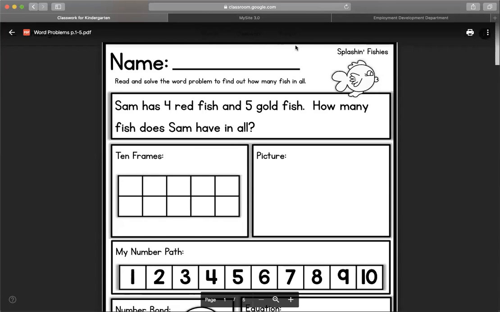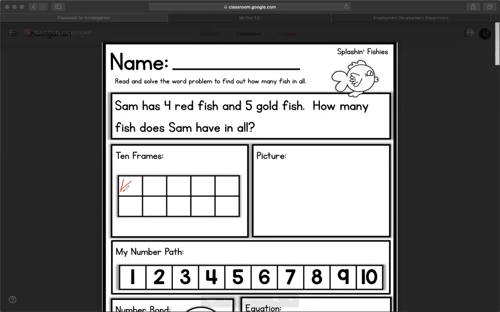So if you'd like to get 2 different colors, or you can just do 2 different patterns, you're going to shade in 4 red fish, and then you're gonna get another color, and you're gonna shade in 5 goldfishes, so 5 squares.